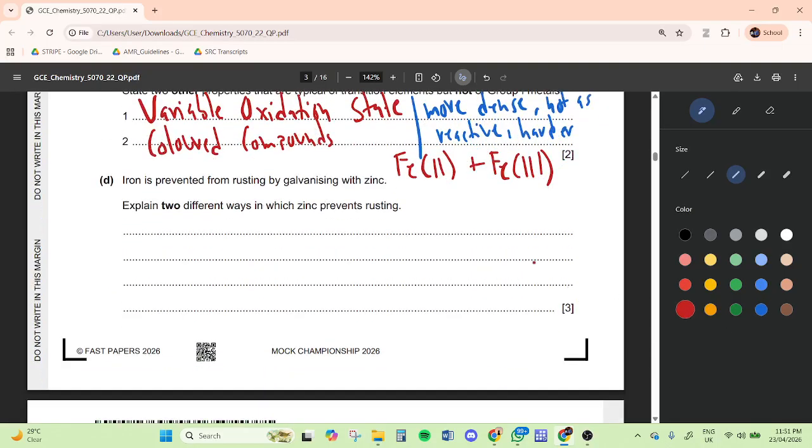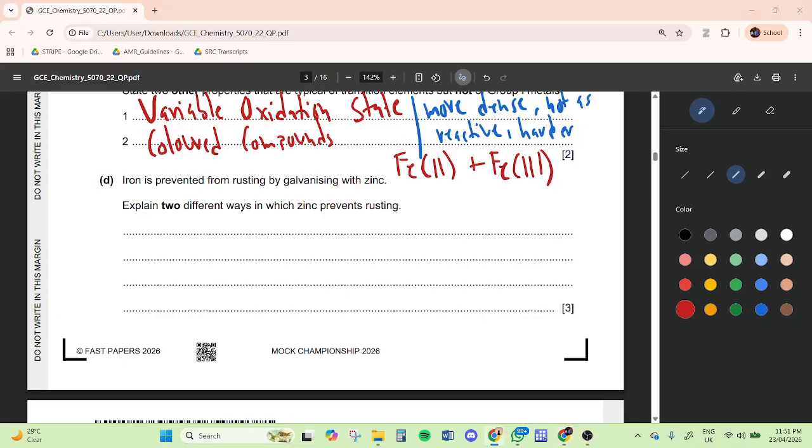A very popular question. If you've been doing question papers, you'll have seen this question pop up a lot of times. Explain 2 different ways in which zinc prevents rusting. So iron is prevented from rusting by galvanizing with zinc. So here's the thing. You need to mention 2 different ways.